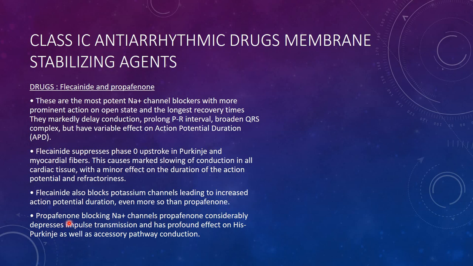Propafenone, by blocking the sodium channel, considerably depresses impulse transmission and has a profound effect on the Purkinje fibers and His bundle as well as accessory pathway conduction. So this is how they act on the various channels, especially the sodium channel blocking, as mentioned for class 1A, 1B and 1C antiarrhythmic drugs.